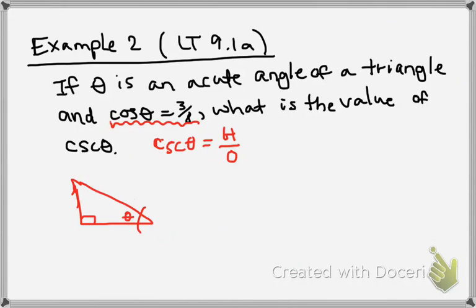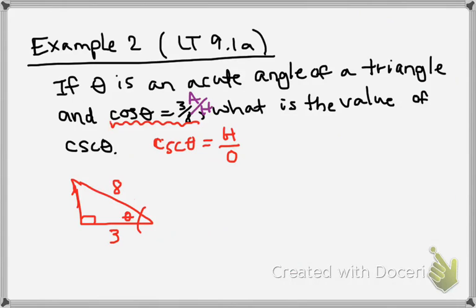Well, if we think back to our SOHCAHTOA, I know that cosine represents adjacent over hypotenuse. So using those values within my triangle, the adjacent side to theta, the side touching it, is 3. So I put a 3 on there. The hypotenuse is 8, so I put an 8 where the hypotenuse is.